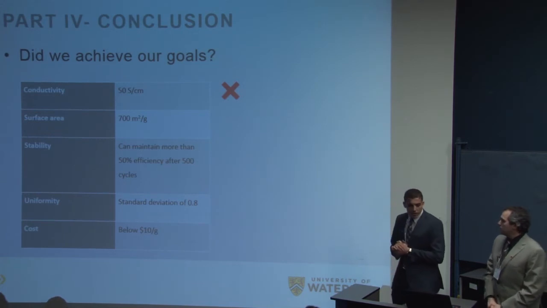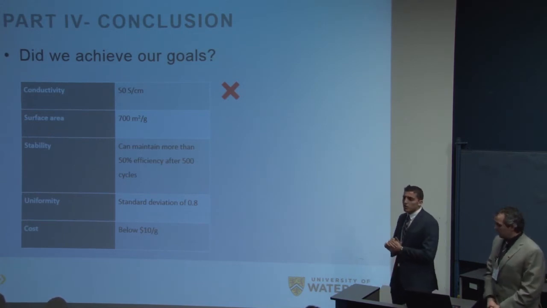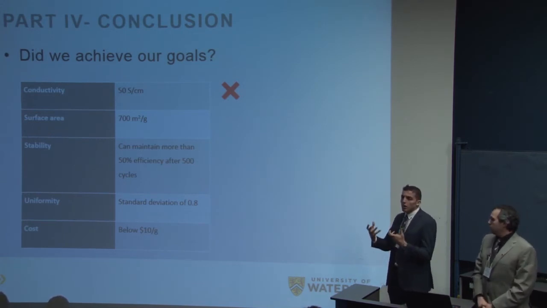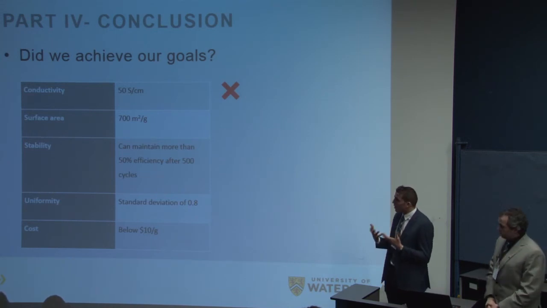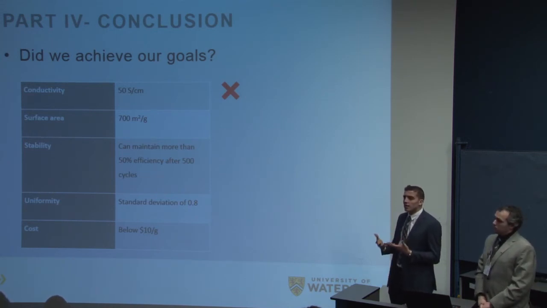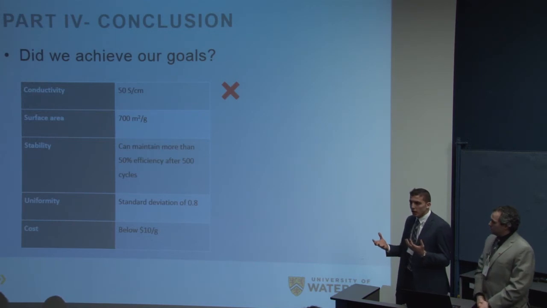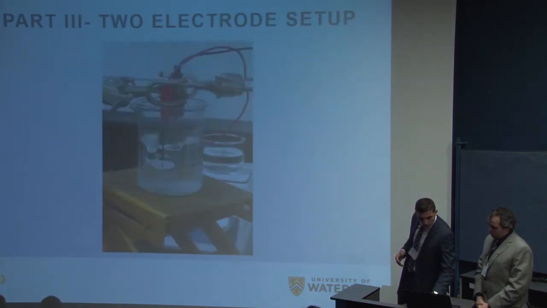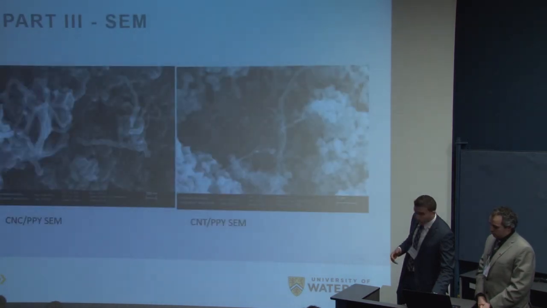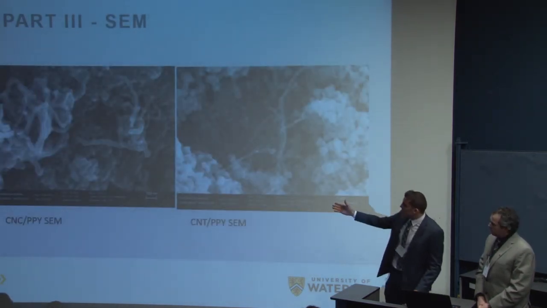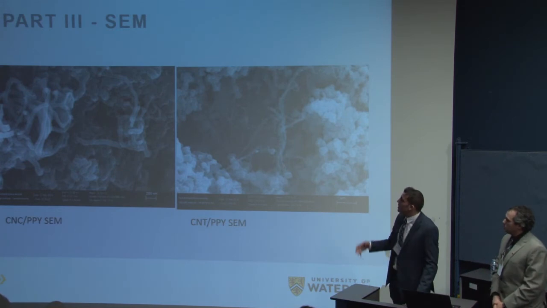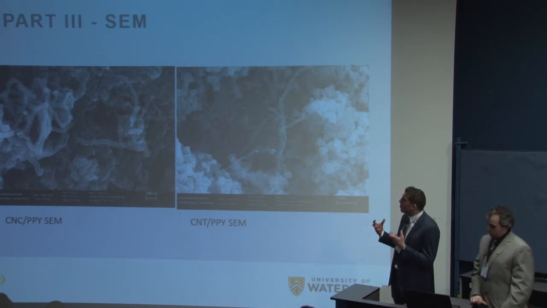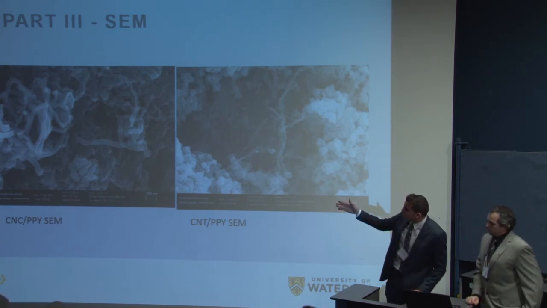I think for CNC it was around 20%, which is not what you want, because the polypyrrole is what's bringing the conductivity, and if it's not functionalizing, it's not coating the CNC particles. From the image of the CNC and the polypyrrole, you can see that there's not many polymer particles aggregating on the CNC fibers.